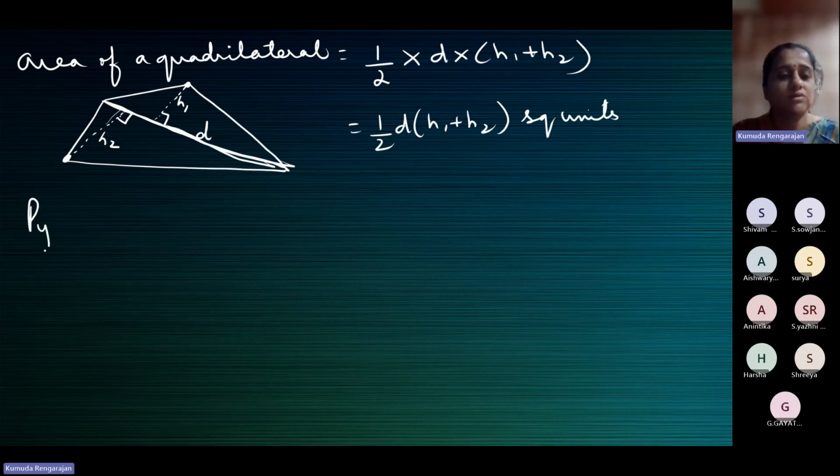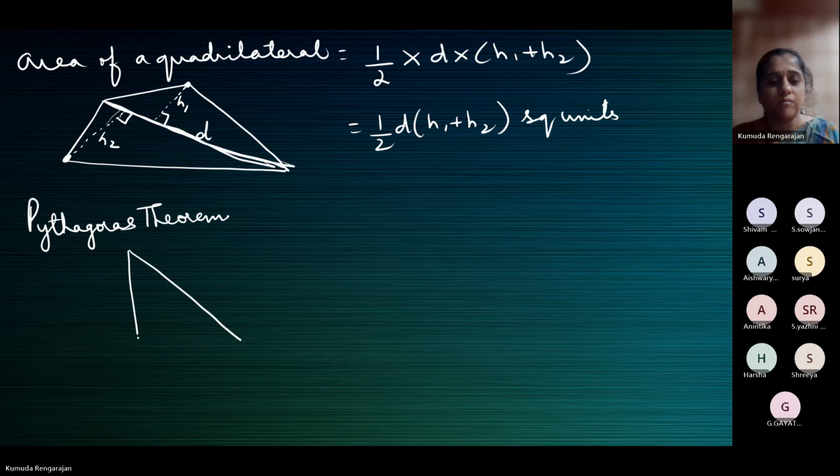Now, how do we use Pythagoras theorem? Now, in this triangle, right angle. What is the result by Pythagoras theorem, children?